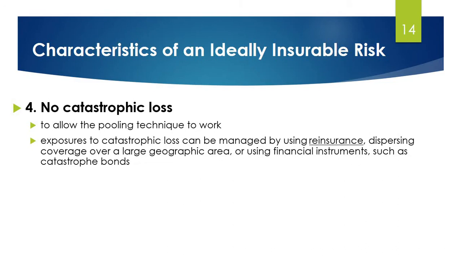The fourth characteristic is that there should not be any catastrophic loss. For example, an insurance policy will not cover losses like financial disaster or losses due to earthquake, because these are catastrophic losses.